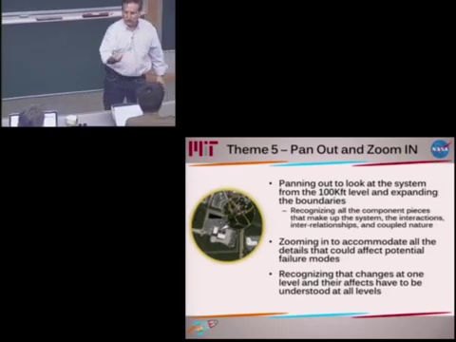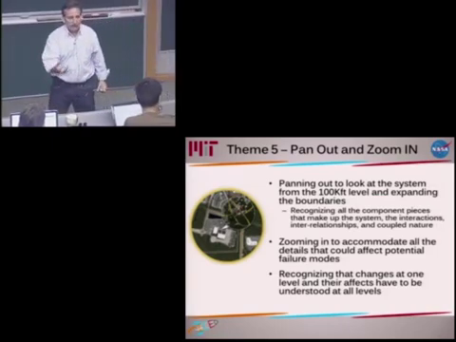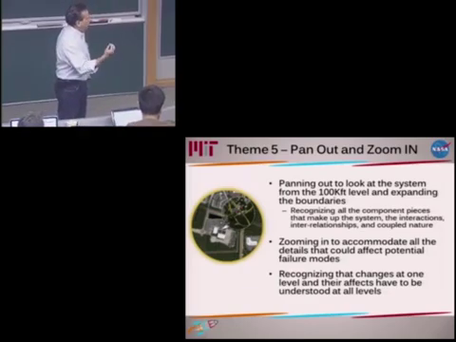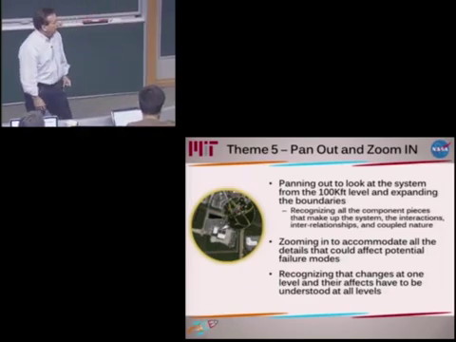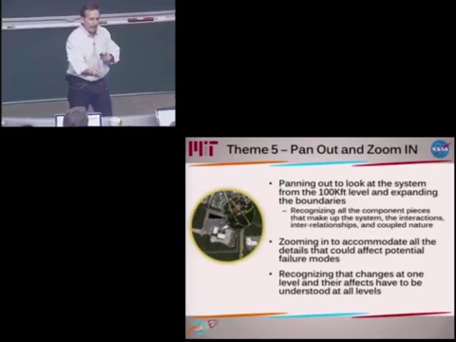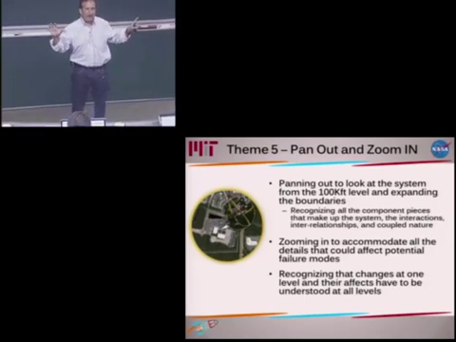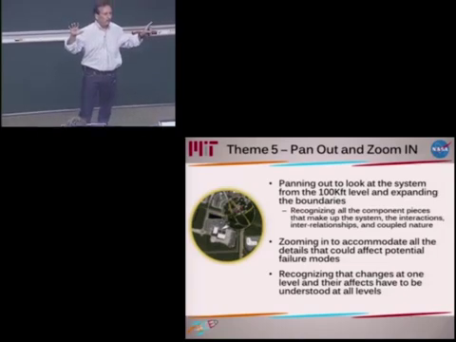And so the level of rigor that you do at that component level has to be excruciatingly high, an excruciatingly high level of detail. But then when you make changes at that level, you have to step back out, pan out, and see how it affects the other levels of your problem.